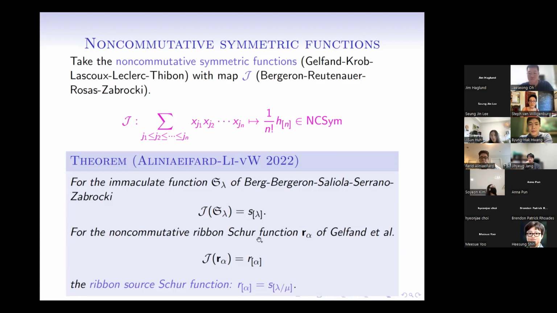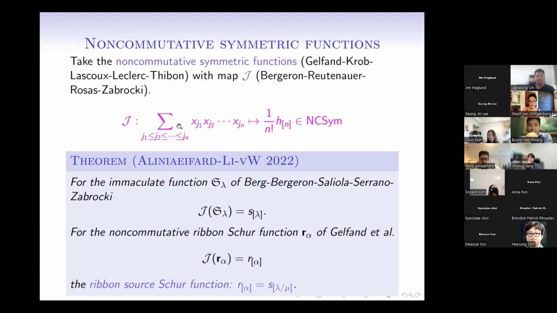And so what we are going to do is take the map I, and this is from Bergeron, Reutenauer, Rosas, and Zabrocki, but this is not François, this is his brother Nantel. What this map does is take monomials in non-commuting variables, and if these monomials have n variables in them, and in particular, these indices right here are weakly increasing, you take all of those and add them all up.